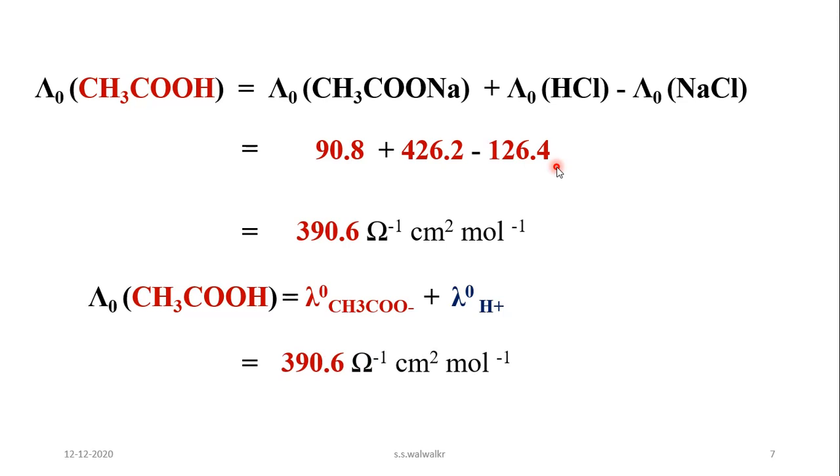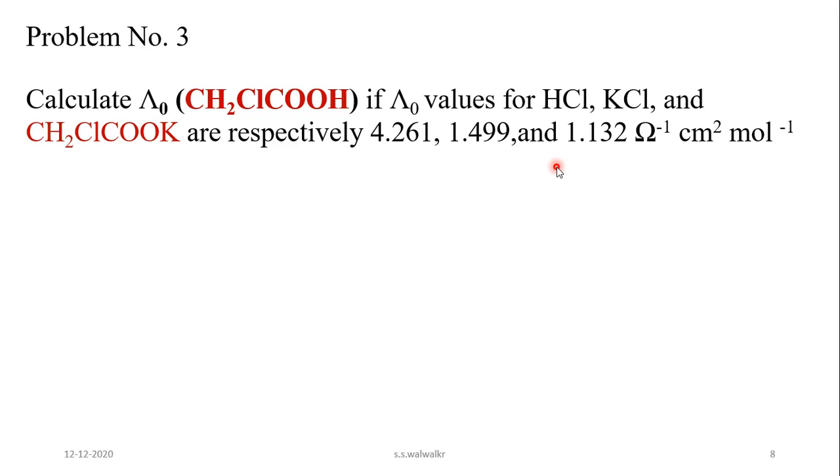So like this we can calculate the molar conductivity of any weak electrolyte from the molar conductivity at infinite dilution, that is lambda 0 values, of strong electrolytes. See the same type of problem.